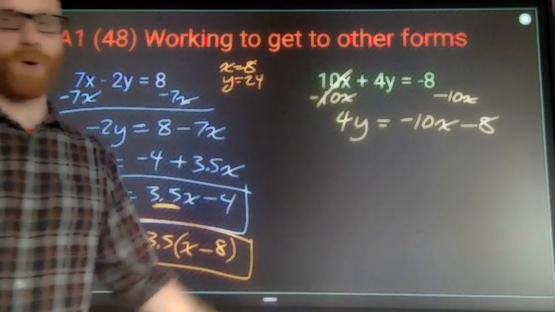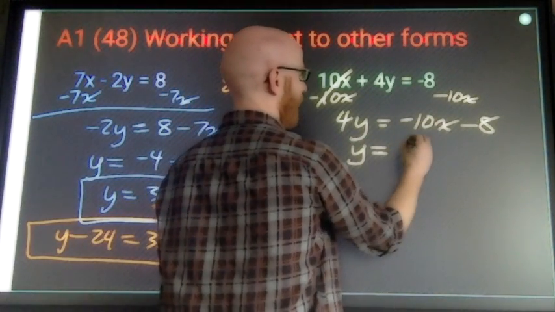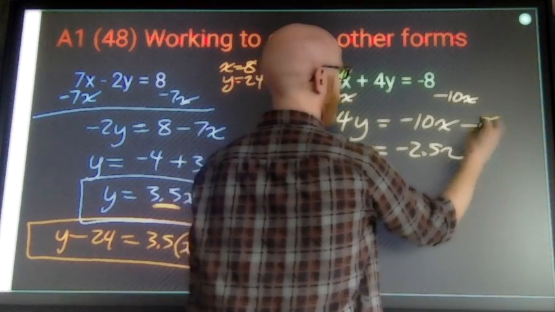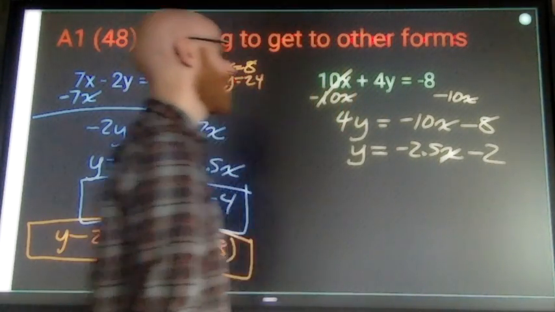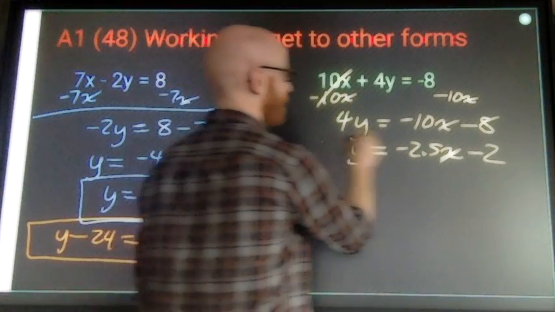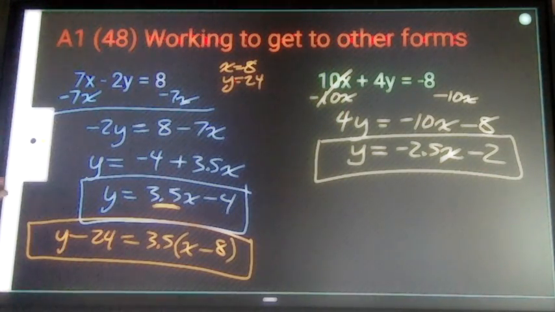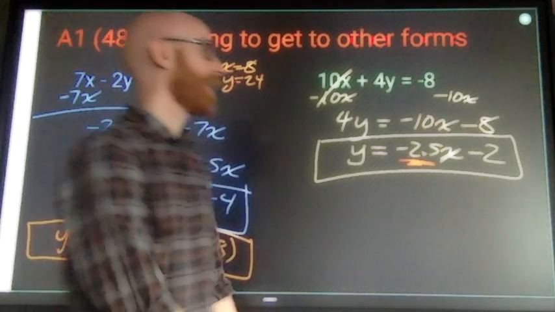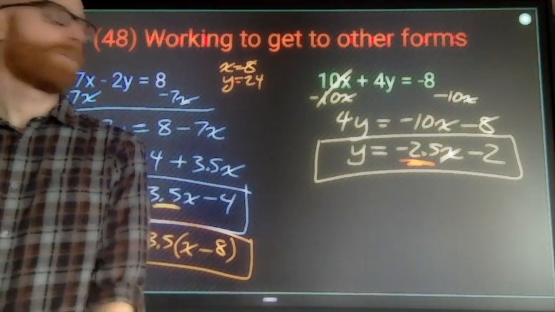Divide both sides by 4 because we're still trying to get y by itself. y equals negative 10 divided by 4 is negative 2.5. x is negative 8 divided by 4 is minus 2. Okay? That is slope-intercept form. The slope is negative 2.5 because it's the thing that's multiplying x. The y-intercept is minus 2, negative 2.